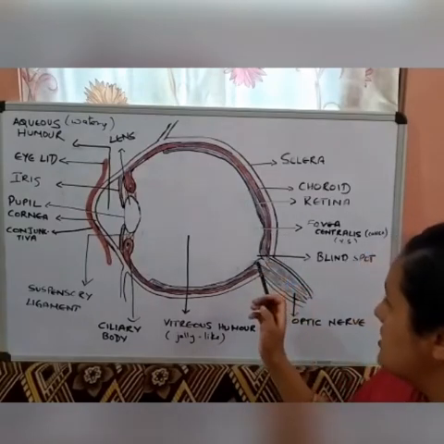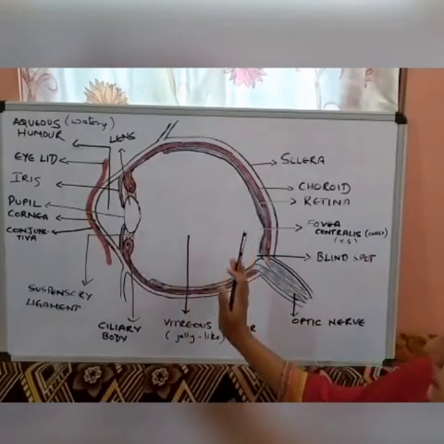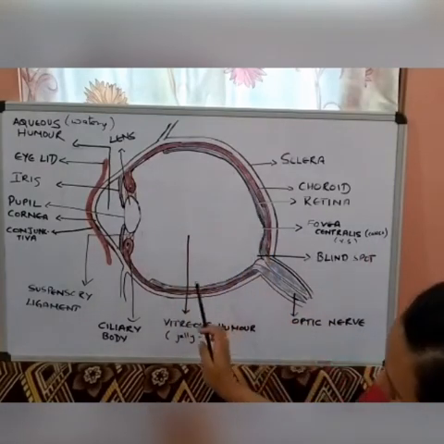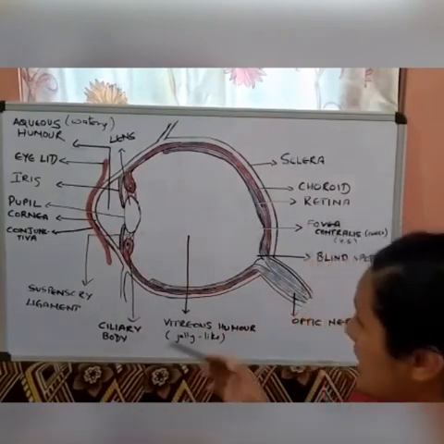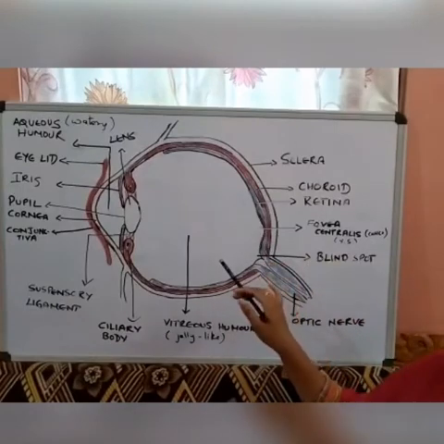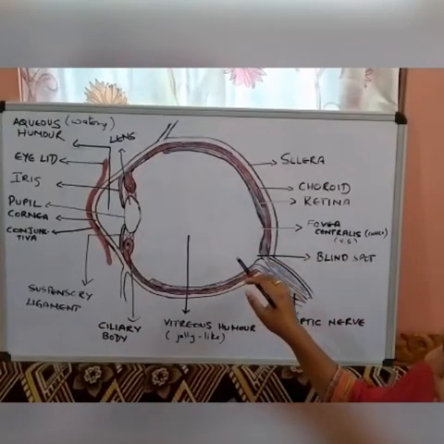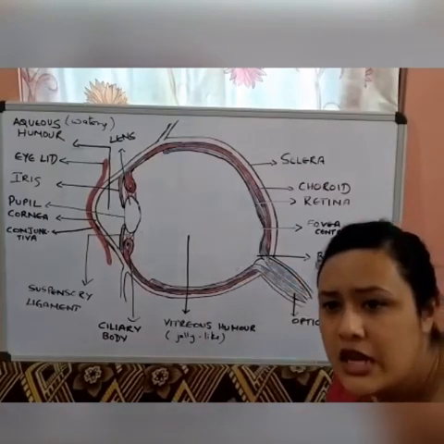Just below that you can see the blind spot. The inner portion of the retina contains the nerve fibers. This is the place where the nerve fibers come and get connected towards the optic nerve.